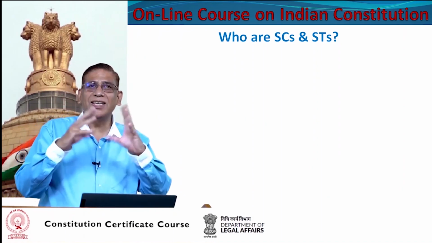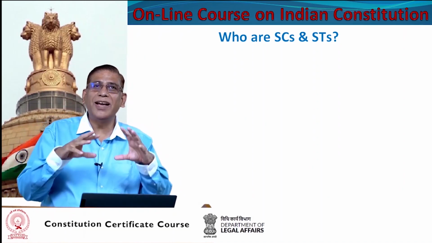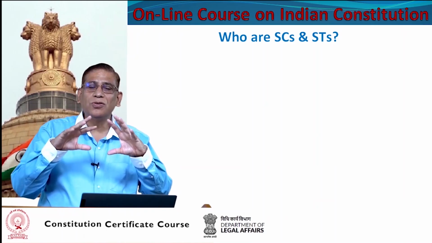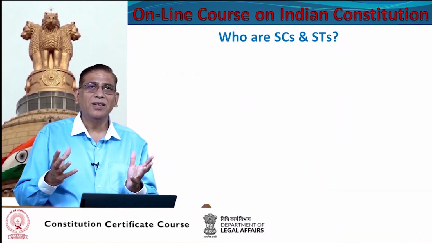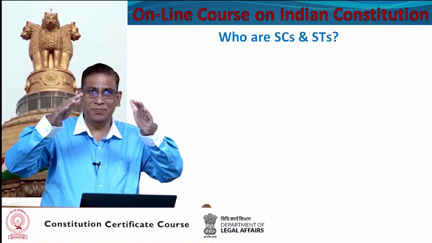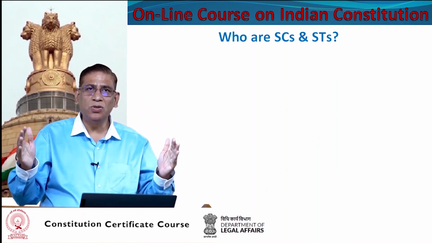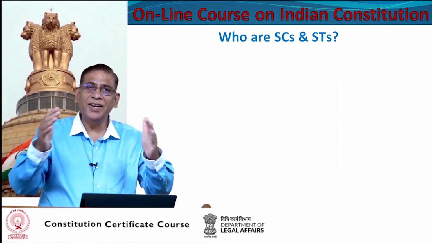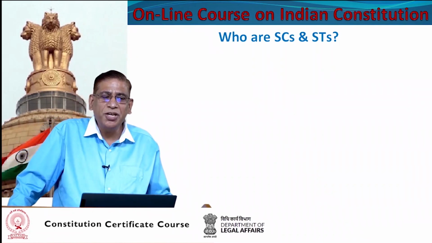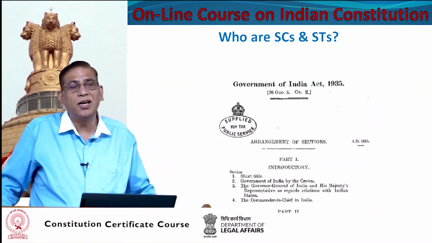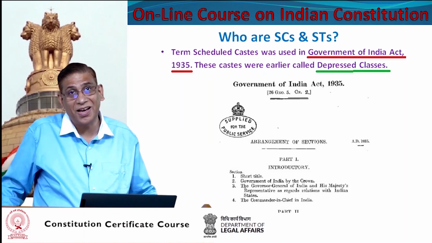There is no caste in India which is called SC, or there is no tribe in India which is called ST. But this is an umbrella term. SCs includes a number of castes and STs includes a number of tribes. So the term scheduled caste was used in Government of India Act 1935.